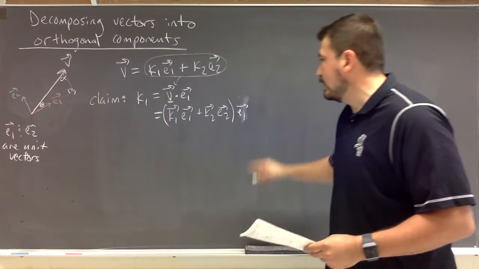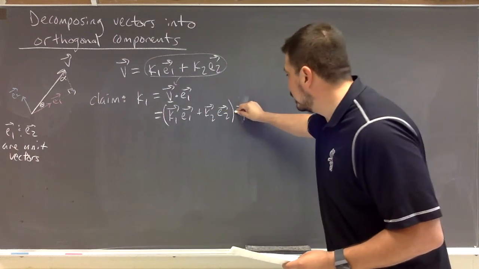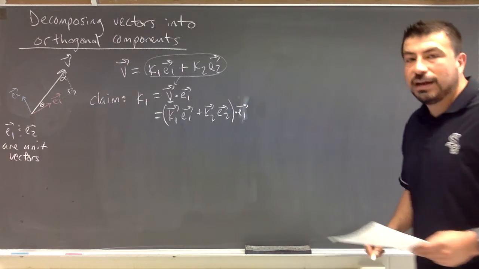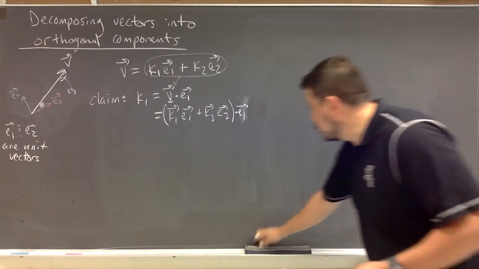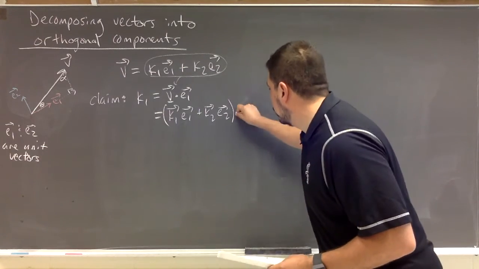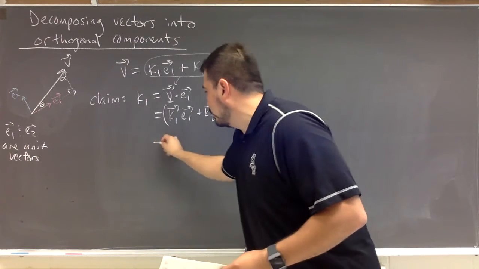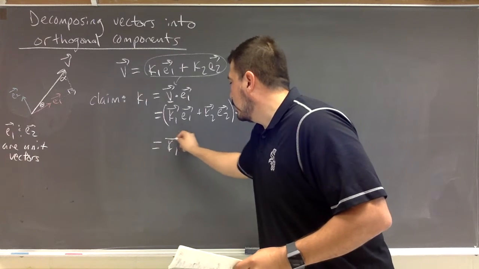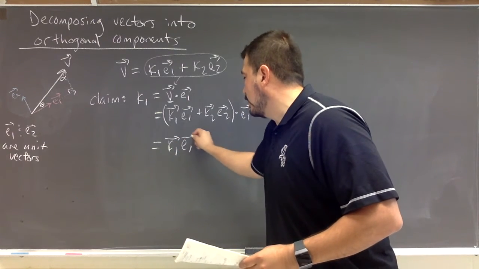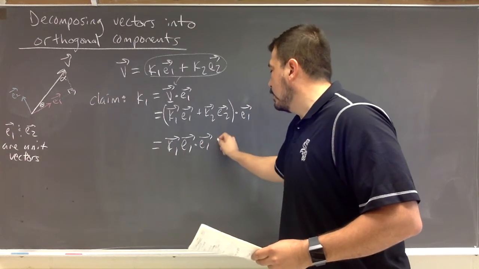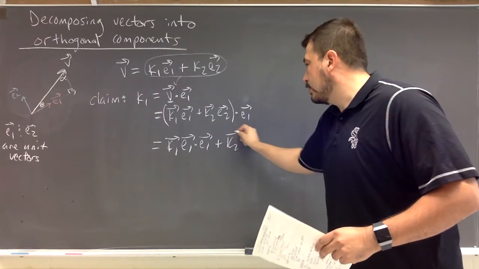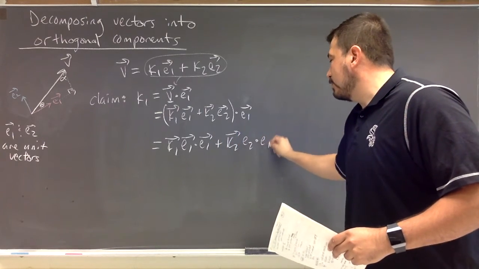E1 is still there, and this is a dot product. Now we can distribute that dot product as we discussed earlier. So now we get K1 E1 dotted with E1 plus K2 E2 dotted with E1.